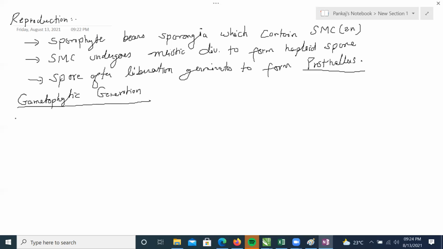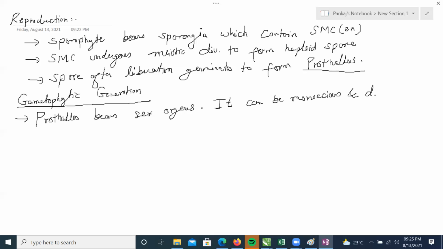So in case of gametophytic generation, what happens? Prothallus bears sex organs. Okay. It can be monoecious as well as dioecious. You understand the meaning of monoecious and dioecious: male and female in the same plant, in the same prothallus, or in different prothalli. Okay.